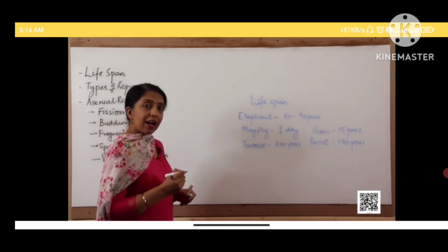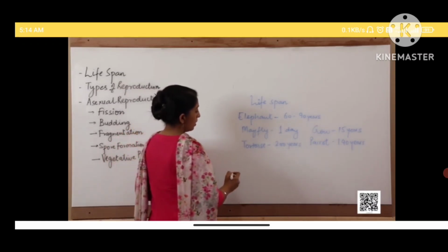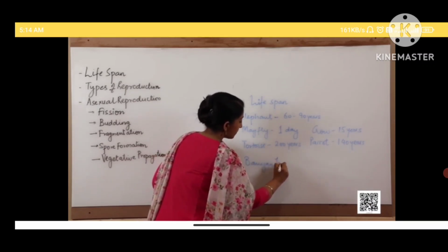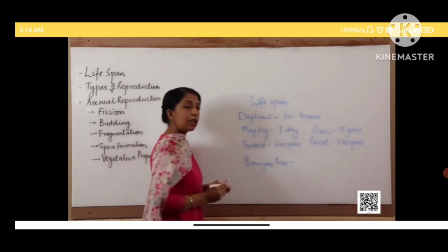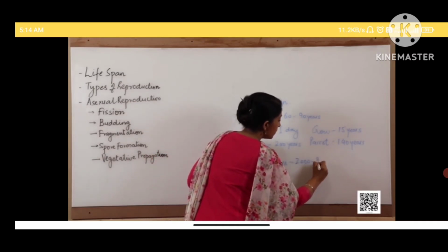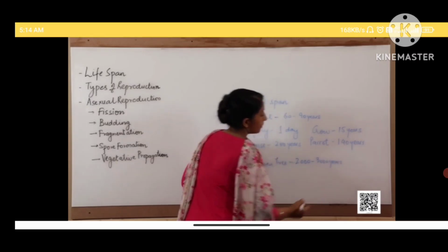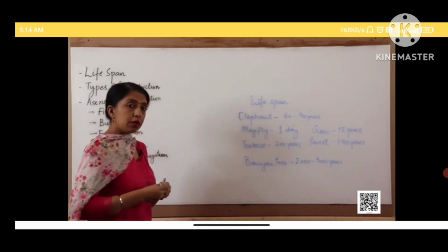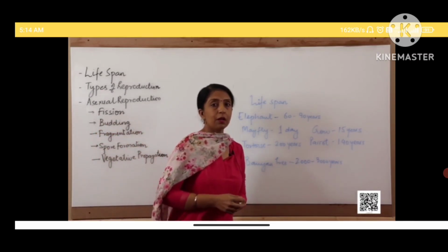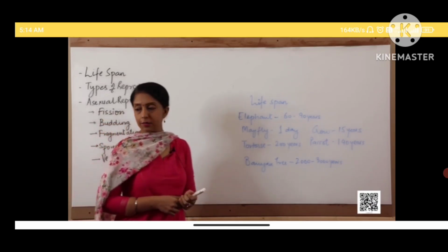Plants have a longer lifespan as compared to animals. Take the example of the banyan tree. It has a lifespan of about 2,000 to 3,000 years. And the redwood tree is still higher, 3,000 to 4,000 years.